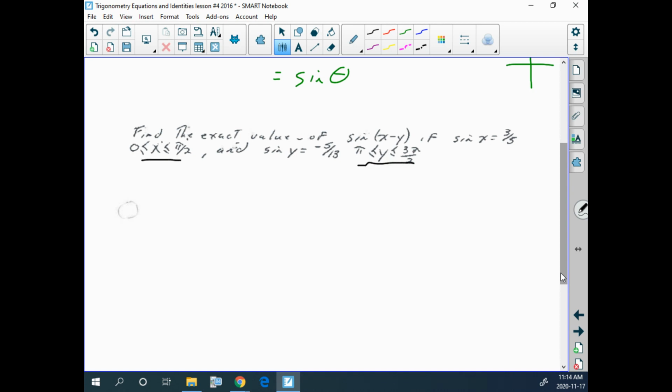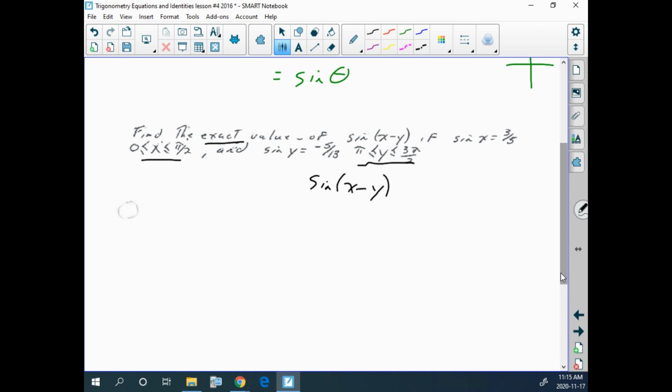Now we want sine of x minus y. Well, we can't just plug the angles in here and get an exact value for that. We could figure out inverse sine of 3/5 and go from there, but that's not going to give us what we want, because we want the exact value.